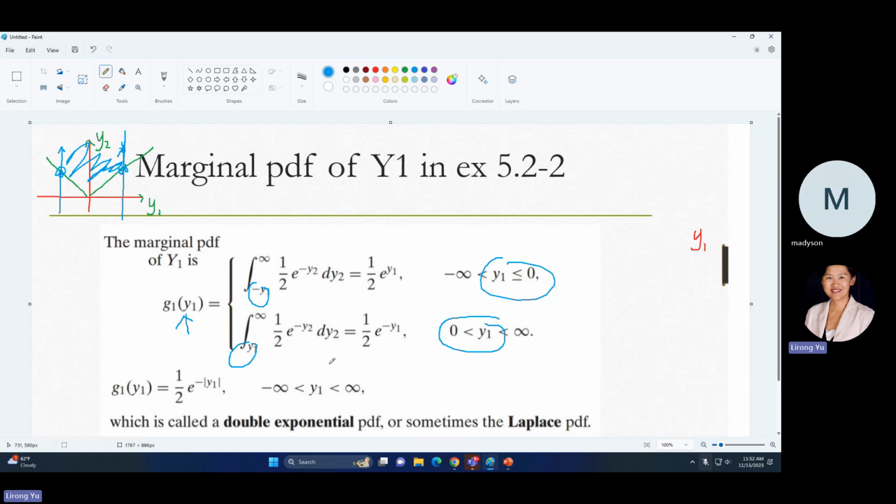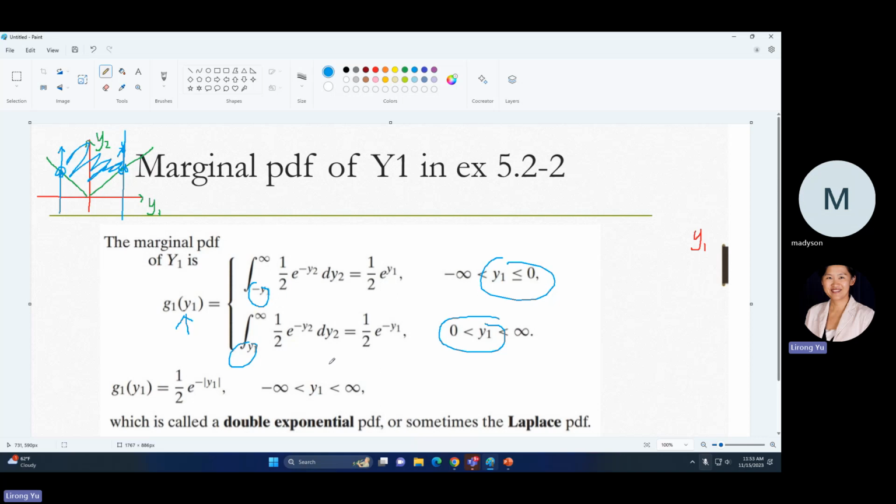And then when you do this, the antiderivative of e to the negative y2 is e to the negative y2 over negative 1, and then we plug in the y1. The upper limit at infinity, e to the negative y2 when y2 approaches infinity, is 0, so it's the only thing we have. And this is the same way: you plug in the negative y1 into the negative y2, it's going to be e to the positive y1.